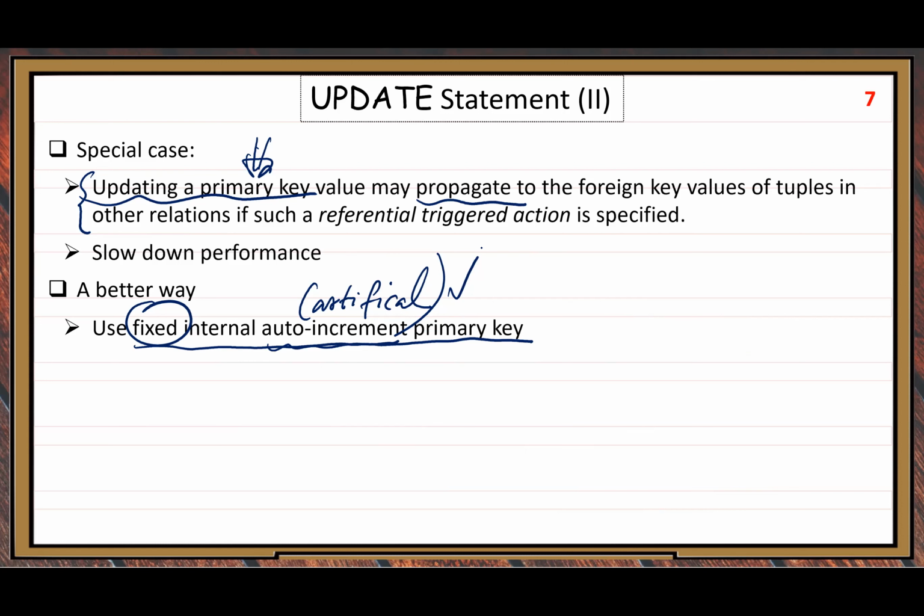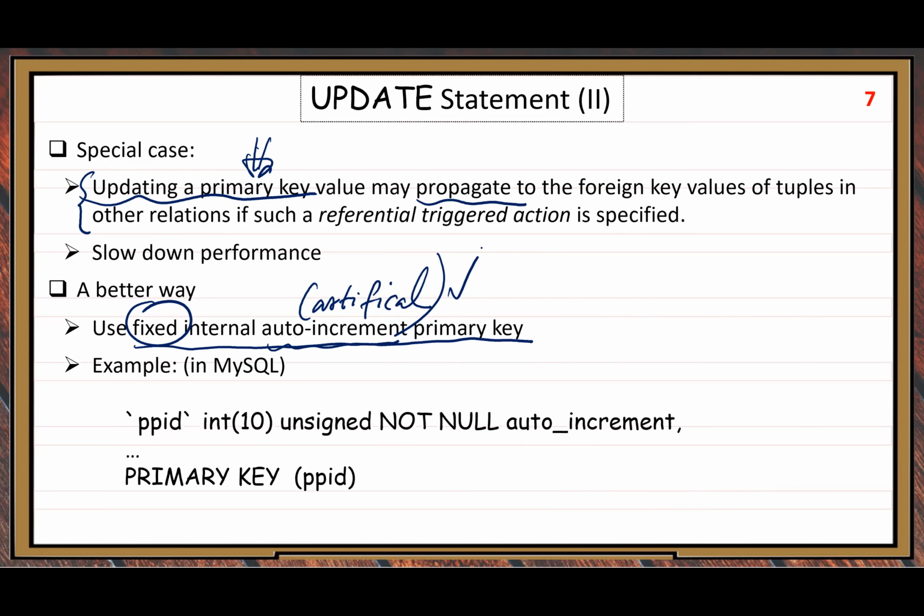So usually we use the auto increment. For example, for this table, we call the problem table. In the problem table, we create a problem ID. In the original business data, there is no problem ID. We just use the auto increment way to generate an artificial problem ID, starting from 1, 1, 2, 3, 4, and so on.